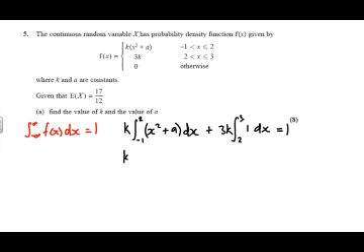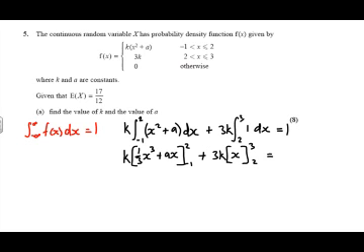Let's process this integration. So I've got a third of x to the power of 3 plus ax in between 2 and negative 1, plus 3k x in between 3 and 2, and that should all equal 1. Let's substitute as appropriate.